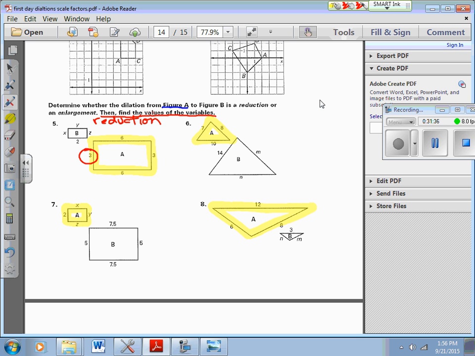What's it labeled? Everybody agree x and 3 correspond to each other? That means x over 3 is equal to, now you need to pick 2 sides, one from the original image and one from the reduction image, but they both have a value given. You don't want to get another pair that has a variable in it.